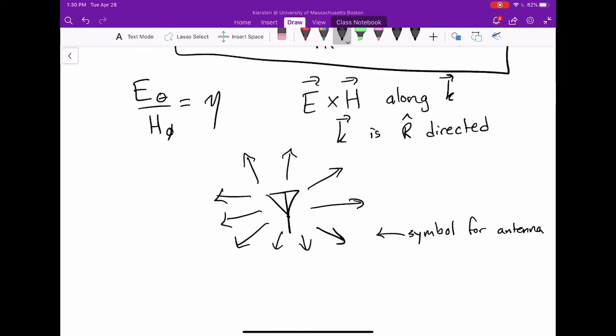You can even use those simplified equations for the relationships between the electric and magnetic field vectors as though this is a plane wave, even though it's not.